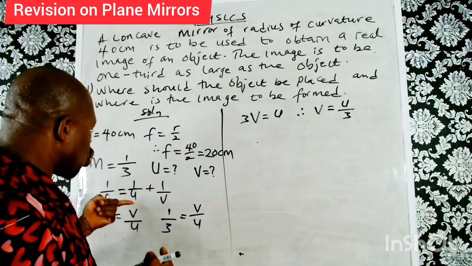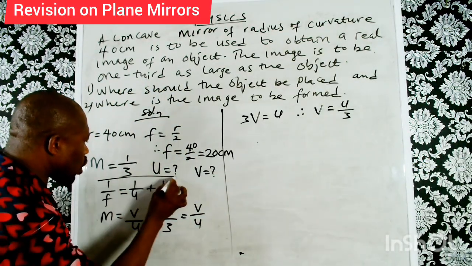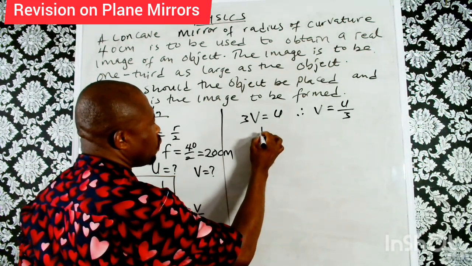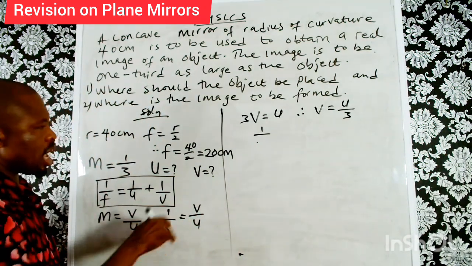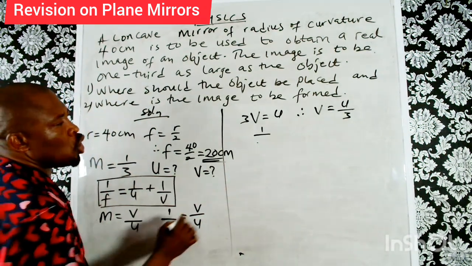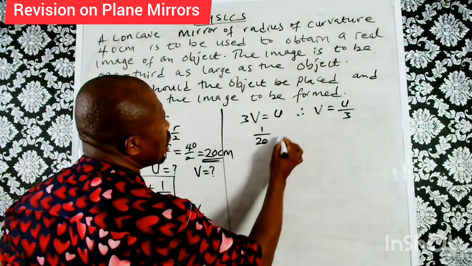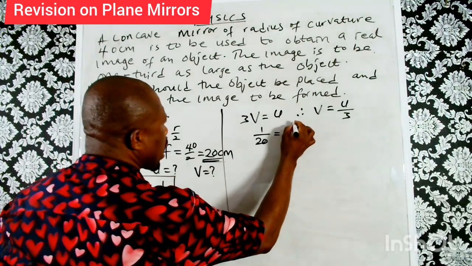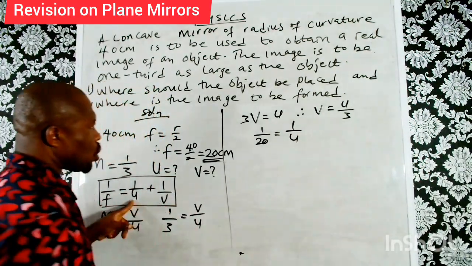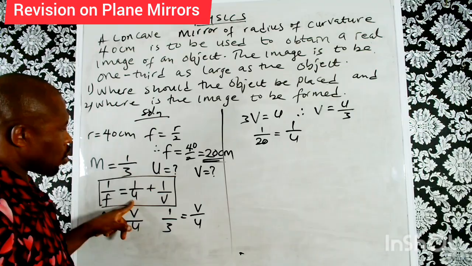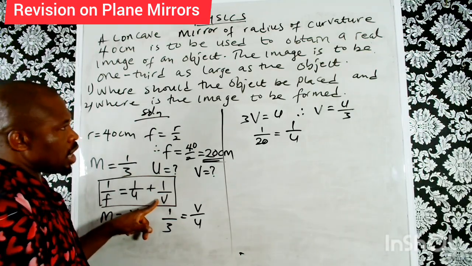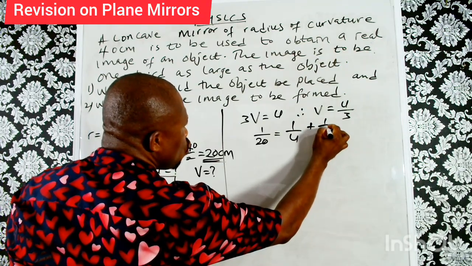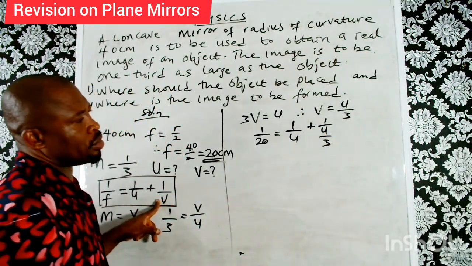Now, we can go into this equation. We have 1/F, and we have gotten our F to be 20. We put it here, so 1/20 is equal to 1/U, because that is what you are looking for, plus, for V, we have this, U over 3.